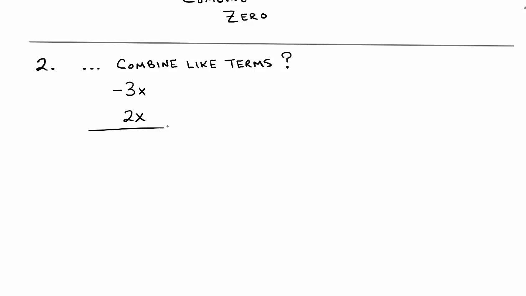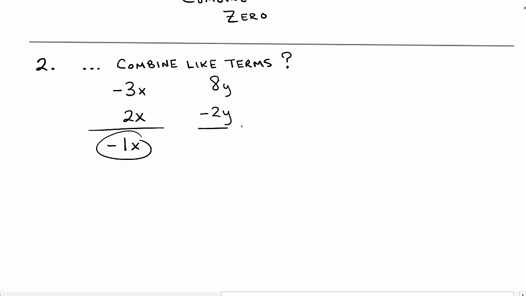And I like to say that we match them up, or understand that negatives and positives cancel each other out, and we got to understand how many are left over. Well, I've got more negatives than positives, and so I have one extra negative than positive, so combining them would give us negative 1x.